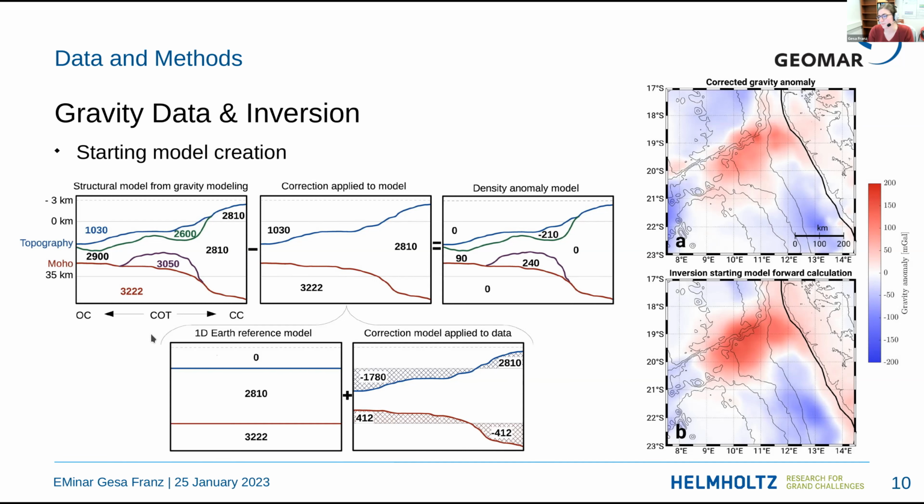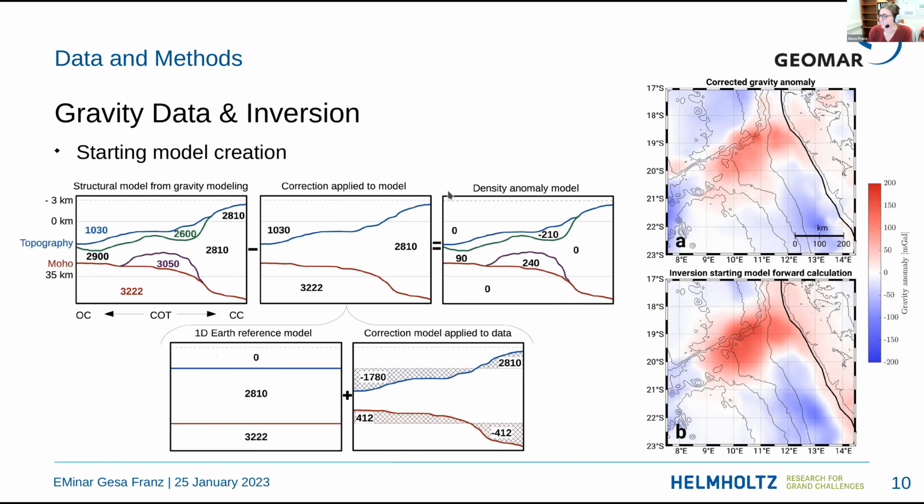So we just subtract sort of a 1D Earth reference model, which is shown here at the bottom left, just consisting of an air layer, crust, and mantle. And then we also need to apply these corrections that we applied to the data. So both of them together yield this model that we subtracted.